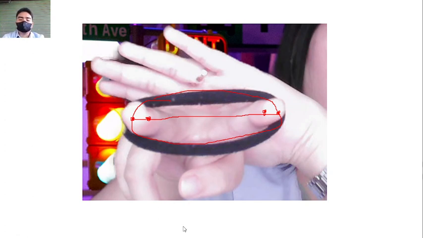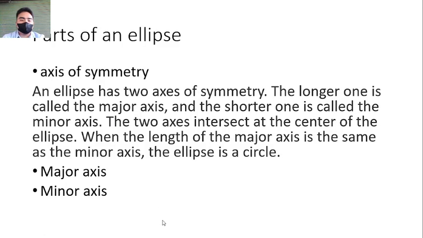Now, as we mentioned a while ago, for the axis of symmetry, we have major and minor axis. So, an ellipse has two axes of symmetry. What are those? We have major axis and minor axis. The longer one is called the major axis. So major axis is the longer axis that we could find inside the ellipse.